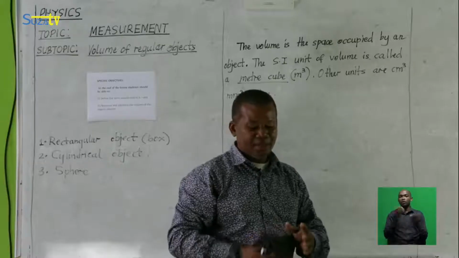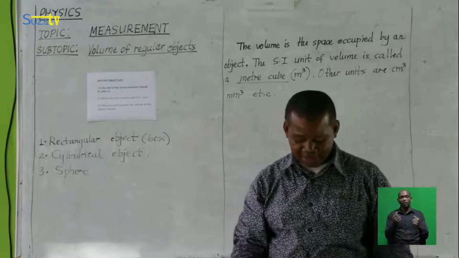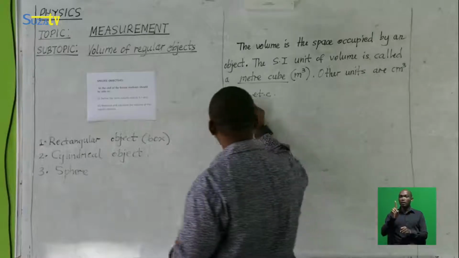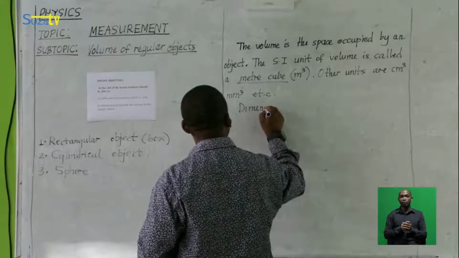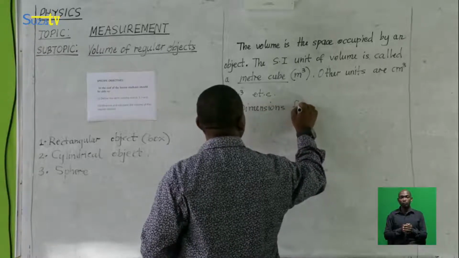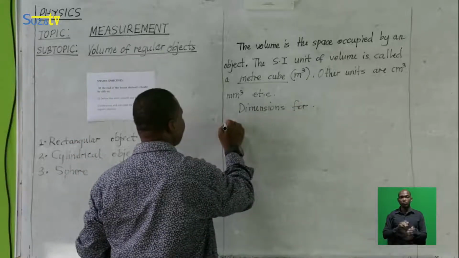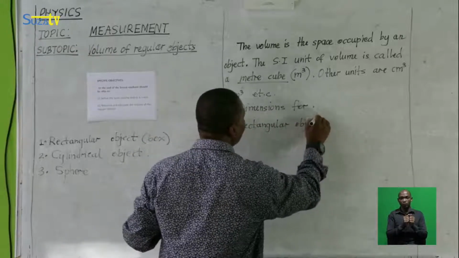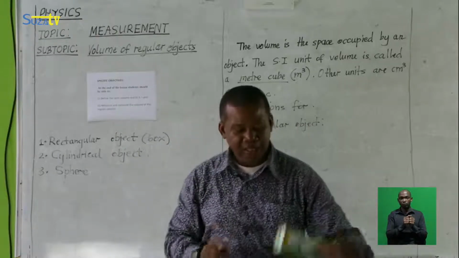Now it is time to start one by one to cross-check that. We have to know the dimensions for those three objects. So let us start with the rectangular object. This is the rectangular object.